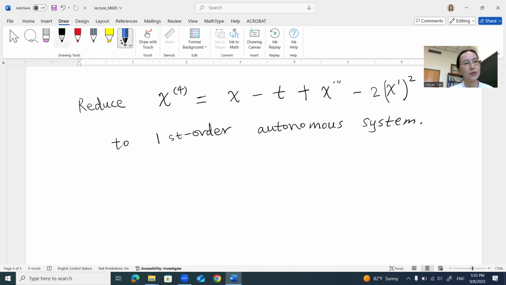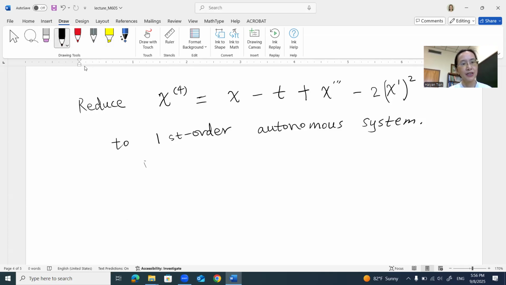So our goal is to write, for example, the third order derivative and consider that as a new function, then the fourth order derivative is simply the first derivative of that function. So we need to give a name to the third order derivative. That is actually our strategy to reduce the order of derivatives.